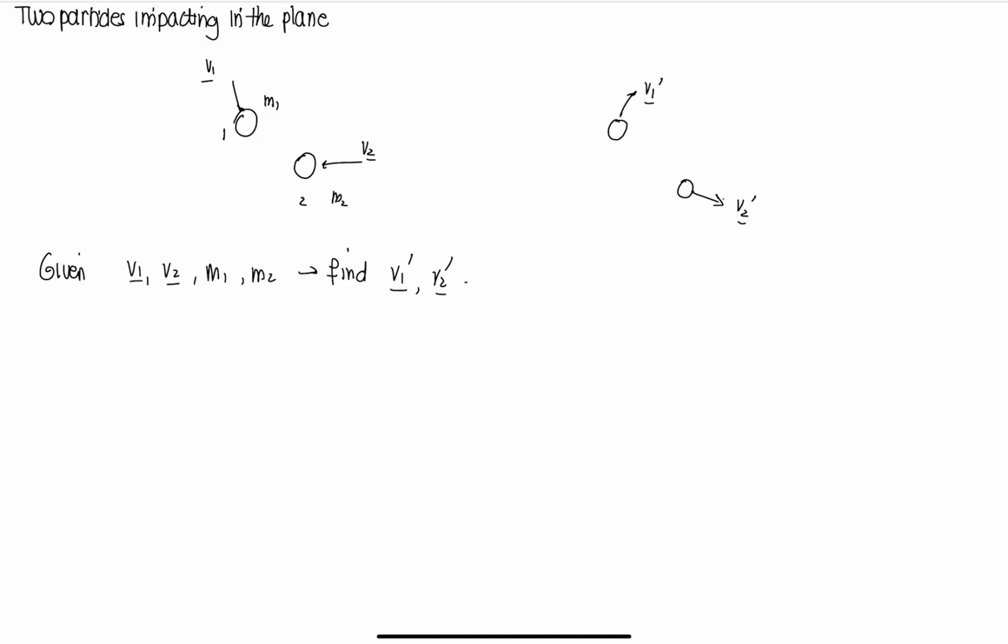And actually, v1 prime and v2 prime, that's two vector unknowns in the plane, right? Each one, v1 prime for example, is a vector that has two components, v1 prime along ex and v1 prime along ey.